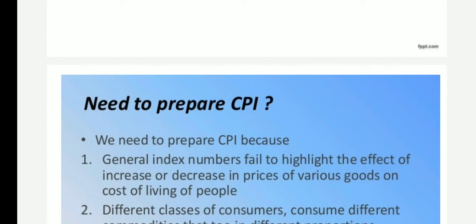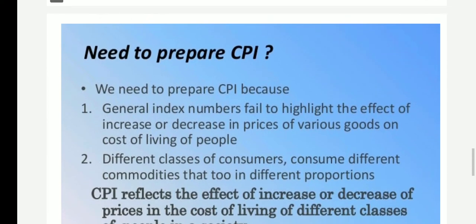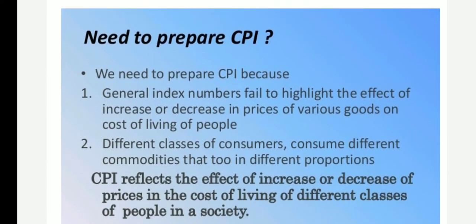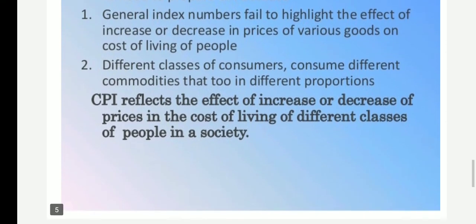So the consumer price index helps us in determining the effective rise and fall in the prices for different classes of consumers. This may be the need of the consumer price index. This may be asked in MCQ questions: the need of the consumer price index number. You have to give the reason. You should know this. We need to prepare this because general index numbers highlight these reasons.